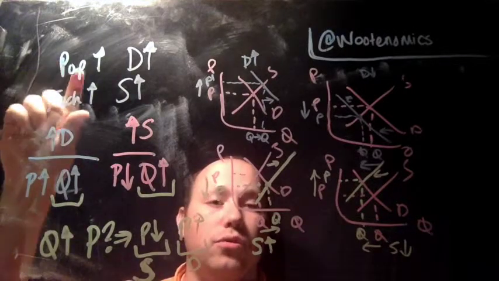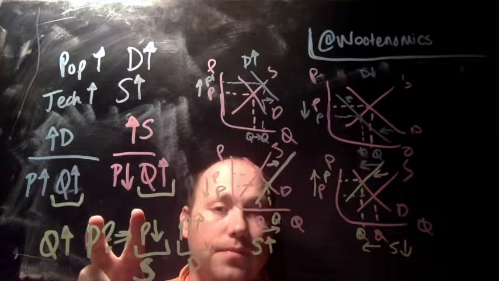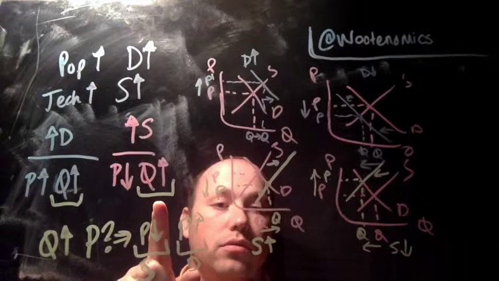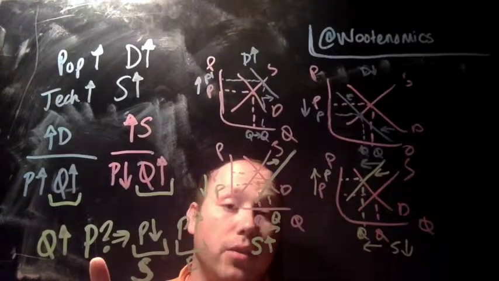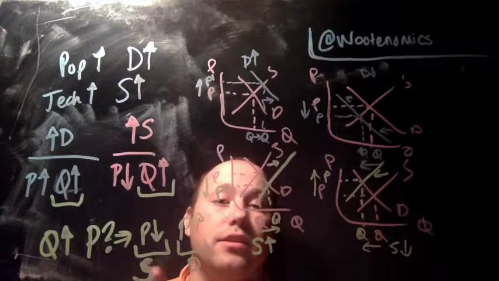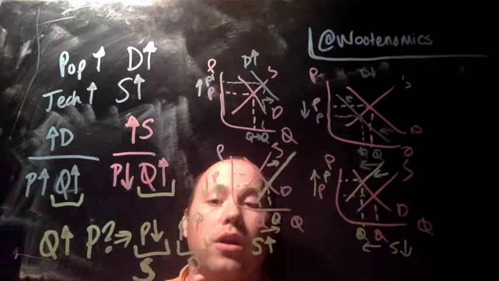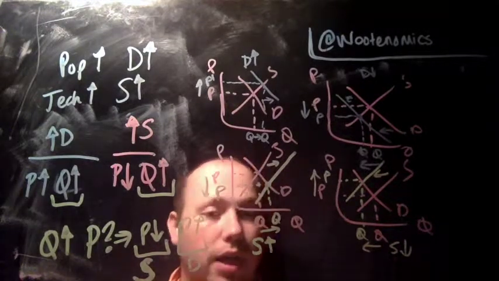So the best way to handle dual movements is to break them down into individual movements, and then determine what's common between the two. Both quantity increased in this case. Price change is ambiguous. It could be the case that the supply shift was so large that the price overall went down, or it could be the case the demand shift was so large that the price went up.